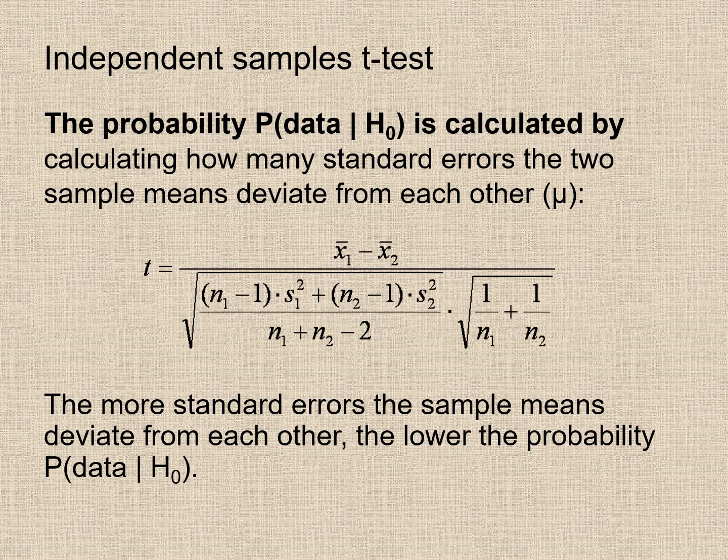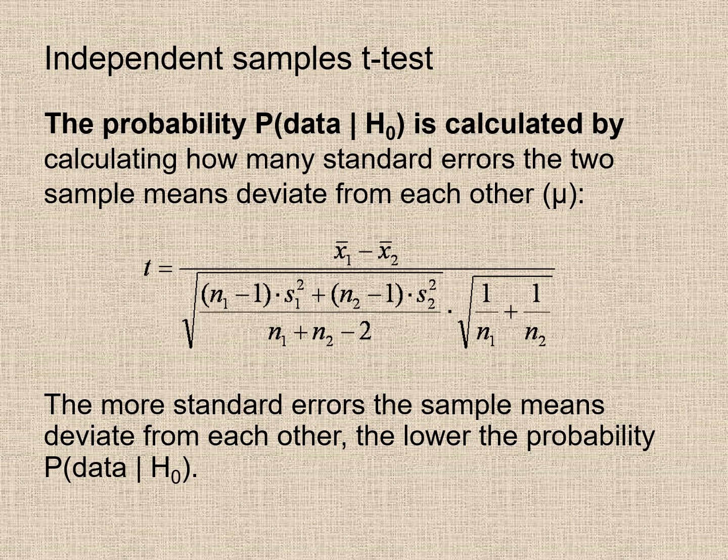If the absolute t-value is, for instance, 2, so either -2 or +2, then the difference between the two observed sample means is twice as large as we would expect the difference to be if the null hypothesis is correct. If the t-value is -4 or +4, then the observed difference between the two sample means is 4 times as large as we would expect it to be if the null hypothesis is correct and the two populations have the same mean on the variable in question.